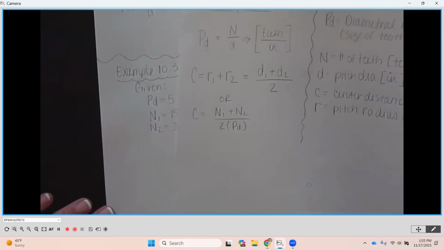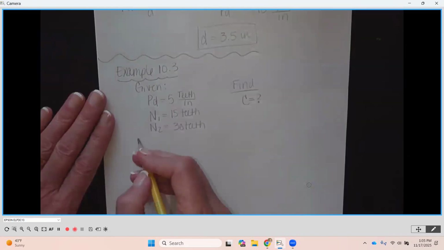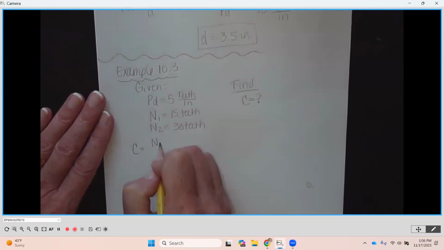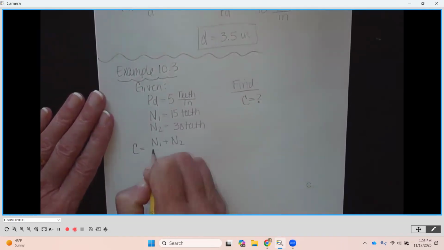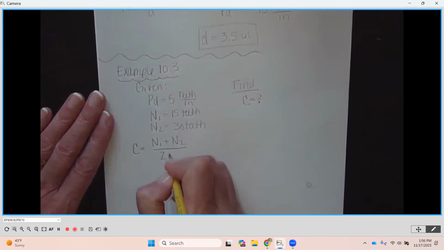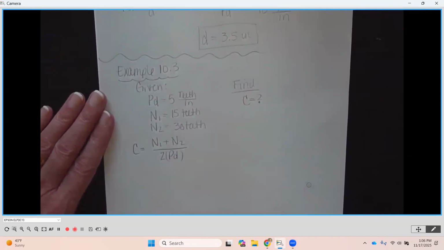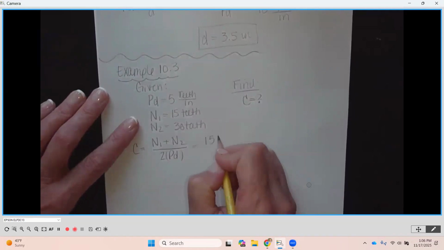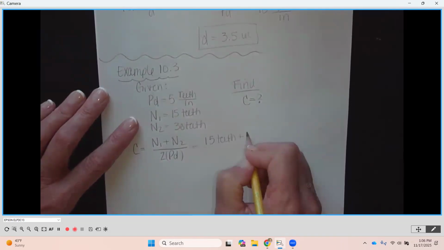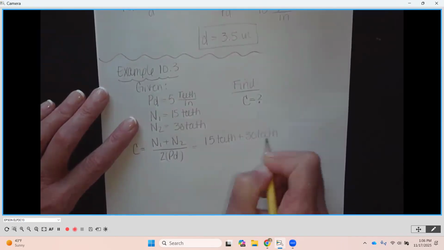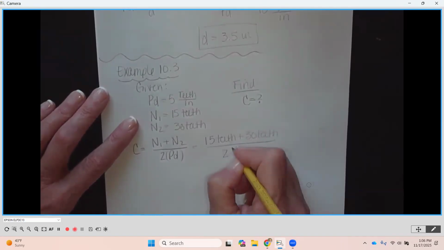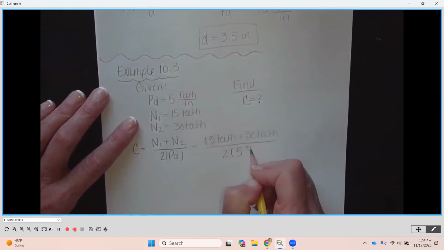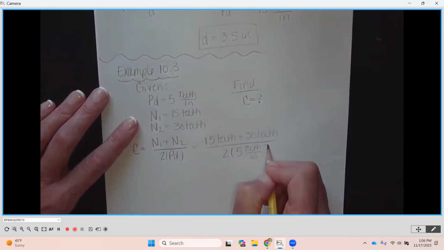Okay. So what we're going to do is we're going to say, okay, C is equal to N1 plus N2 divided by 2 times the diametral pitch. Okay. So that's going to be equal to 15 teeth plus 30 teeth divided by 2 times 5, and we want to put the units in there, teeth per inch.